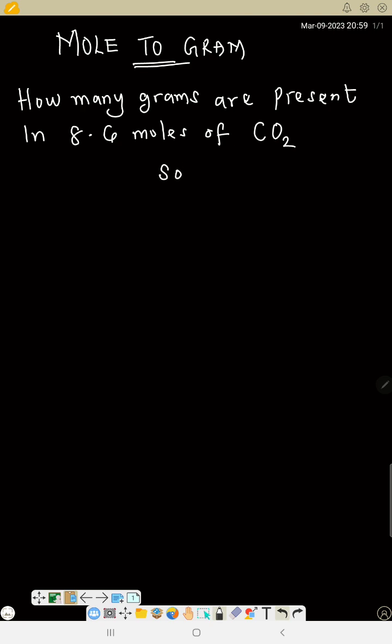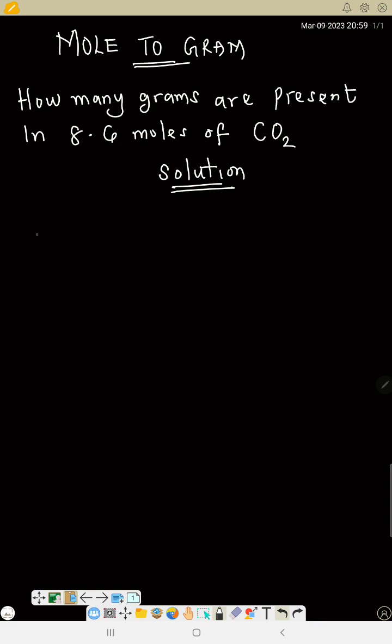So we can call it carbon dioxide or carbon dioxide because carbon behaves like a transition metal, so it can form different compounds. Because transition metals have more than one valency and they can form different compounds. So carbon too exhibits that property. So we can have carbon dioxide, carbon dioxide, like that. So now, how many grams are present in 8.6 moles of CO2?